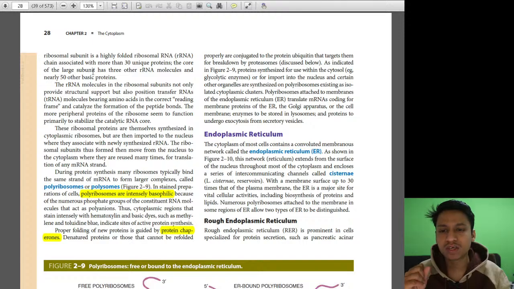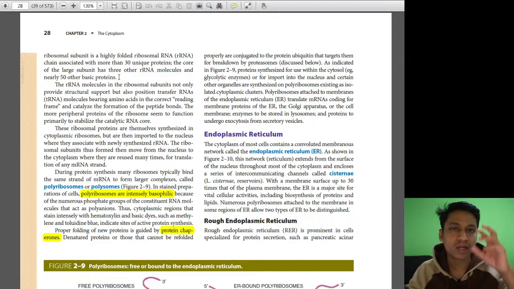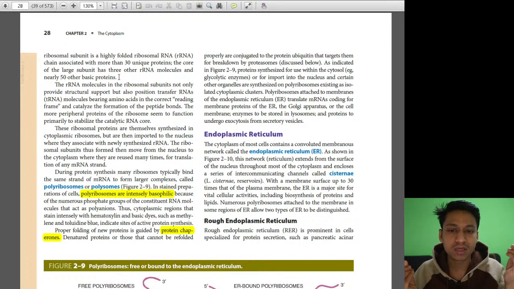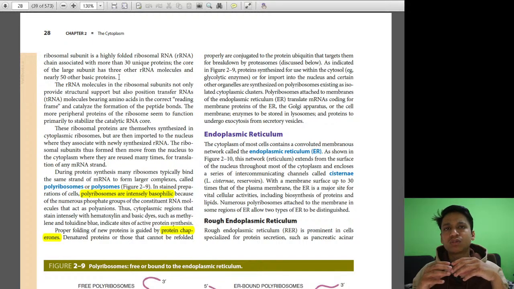The core of the large subunit has three other rRNA molecules and nearly 50 other basic proteins. So there are two subunits of the ribosome. One subunit is smaller, associated with more than 30 unique proteins, and the other associated with 50 other basic proteins.